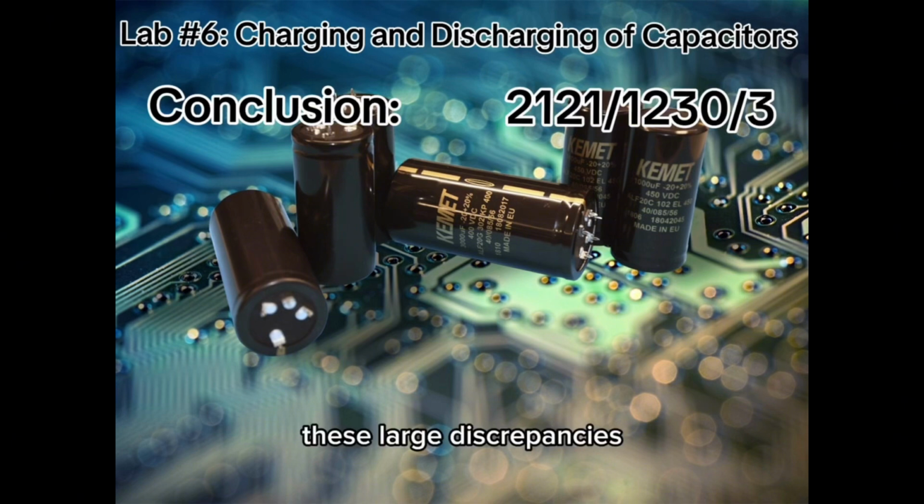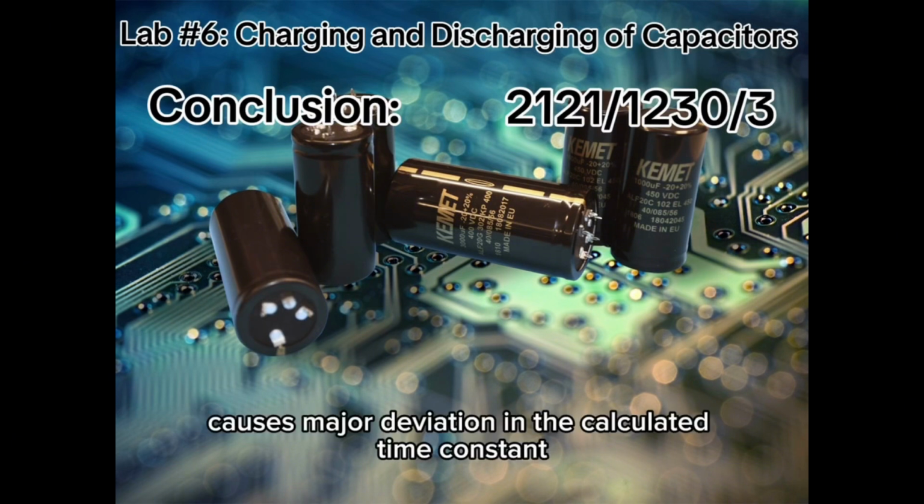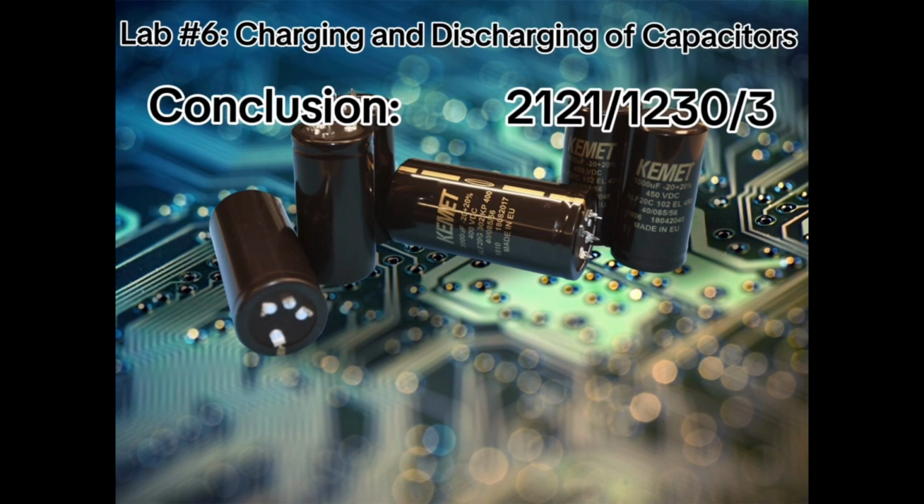These large discrepancies likely stemmed from the high speed of the charging and discharging process, where even small inaccuracies in identifying the 63% voltage point cause major deviation in the calculated time constant. The sampling rate of 500 Hz may not have even been fast enough to capture the rapid voltage changes accurately, leading to timing errors.